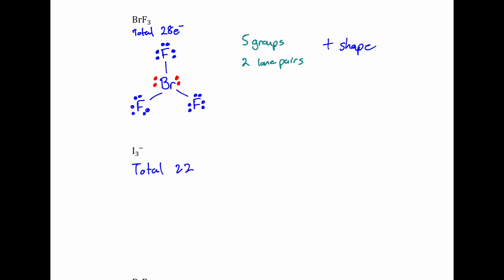I know there's a whole bunch of elements in the middle, but they don't count. The D columns in the middle, between 3 and 12, don't count because they are stable. They're like a core set. So when we're doing the arrow diagrams, those are set to be in the middle. They will never be in bonding. A full D shell is full. It doesn't get messed with.